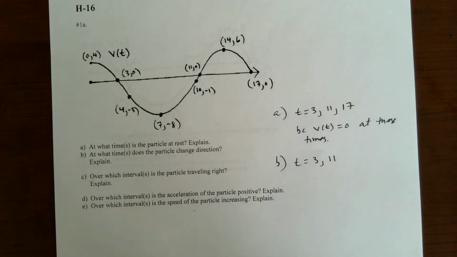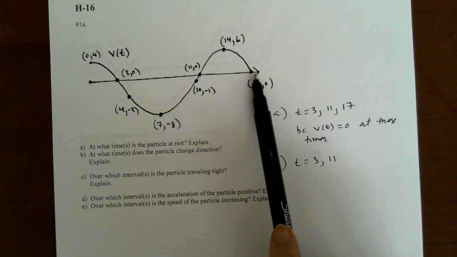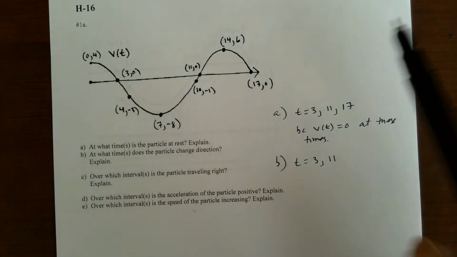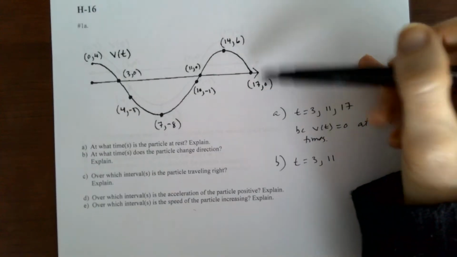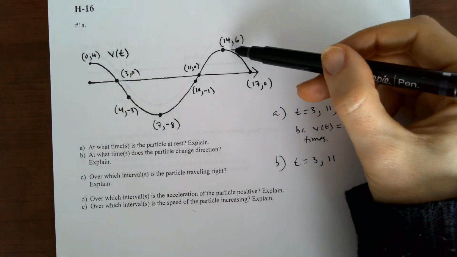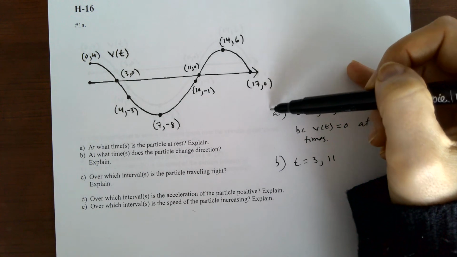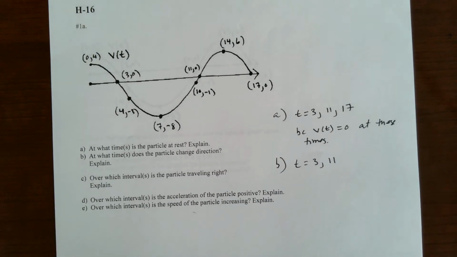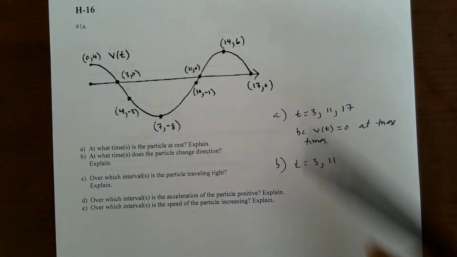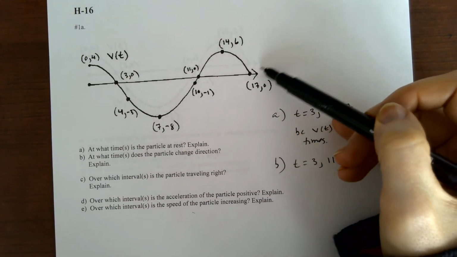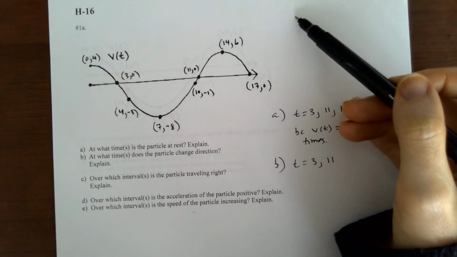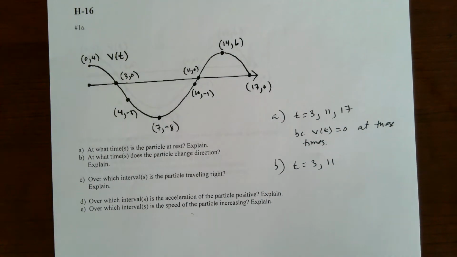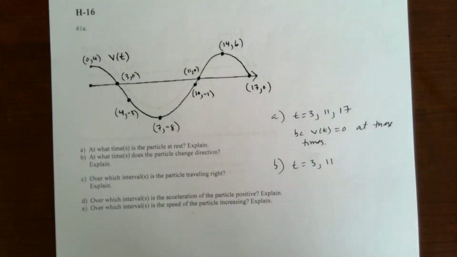You know the particle is at rest at 17, but the graph stops here completely. So we don't know if it would have continued to go down, crossing the x-axis, in which case we would know the particle changed direction, or it could just touch and go back up like that, in which case the particle would not have changed direction because there wouldn't have been a sign change.